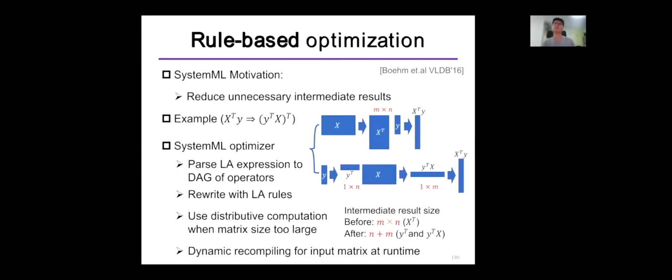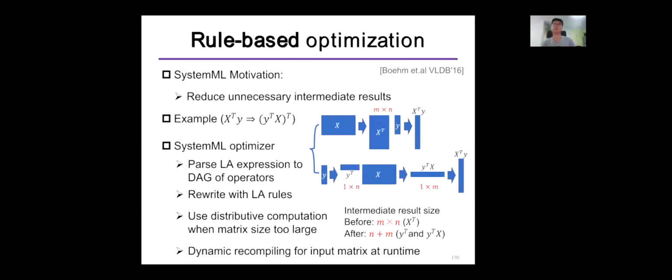First is the rule-based optimization. It reduces the unnecessary intermediate results. For example, it transforms X transpose Y to Y transpose X and transpose. So it parses the LA expressions into a DAG of operators, and rewrites with some rules.